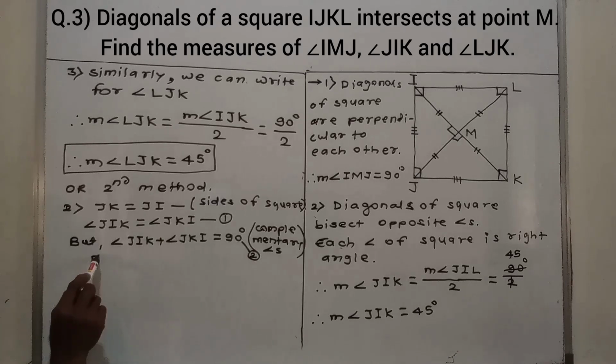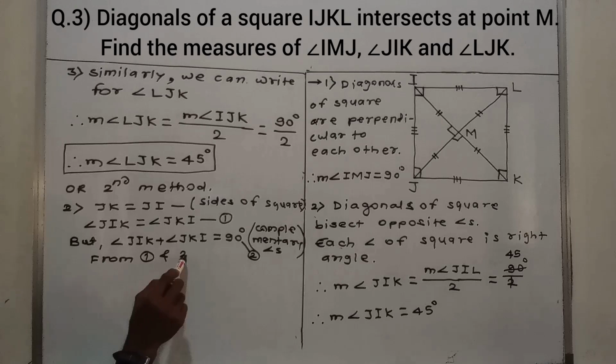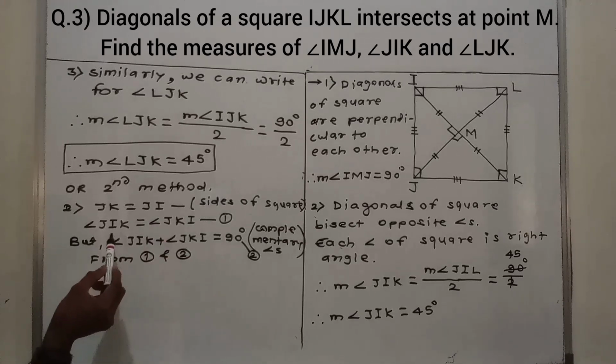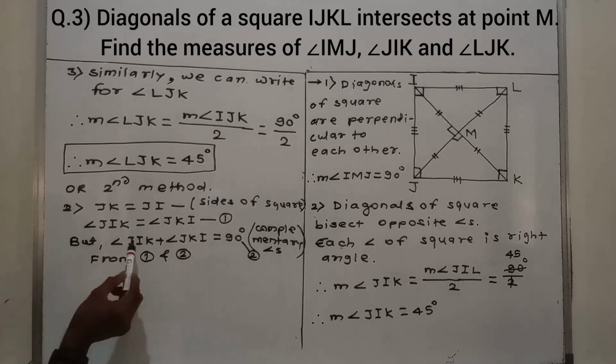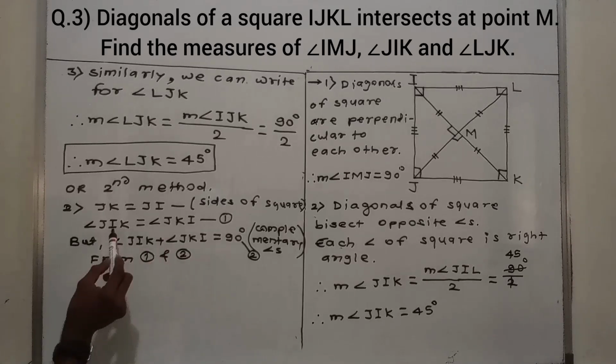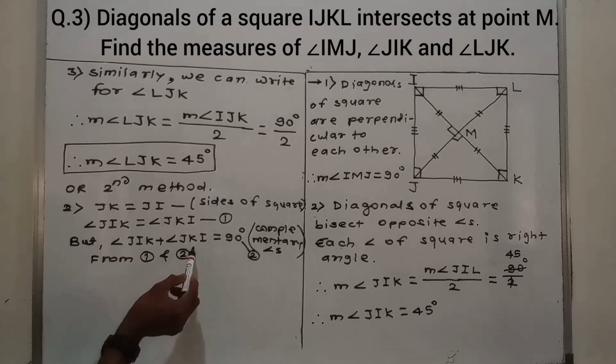From 1 and 2, we want JIK, no? So we put the value of JKI, that is JIK, here. Did you get it?